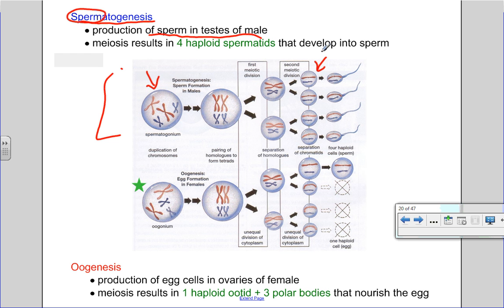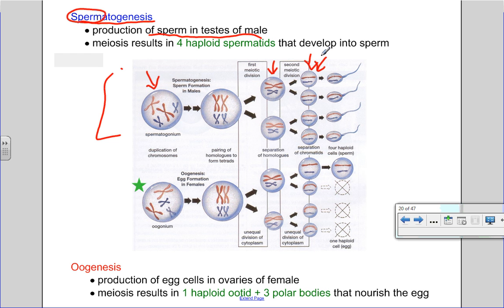Okay, so in this particular case, the first meiotic division produces 2 cells that are haploid, but if you notice, each of them has still got the 2 sister copies of each chromosome. So in the second division, those sister copies are separated so that you end up with 1 sister chromatid of each in the cells.